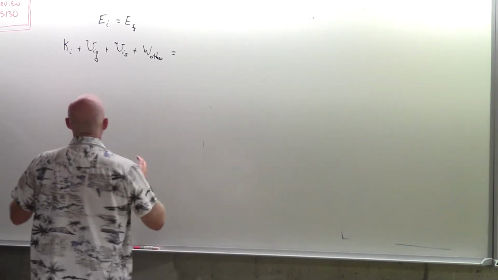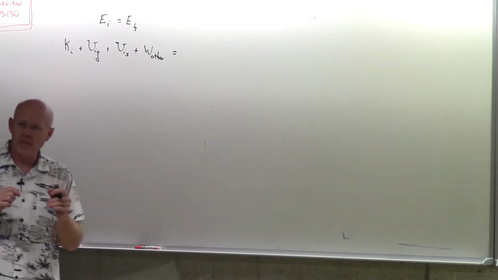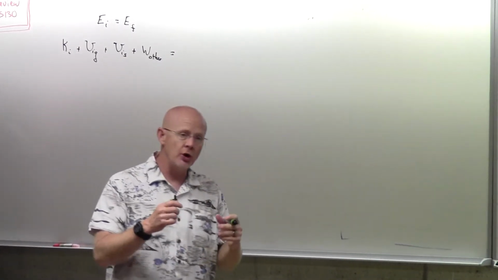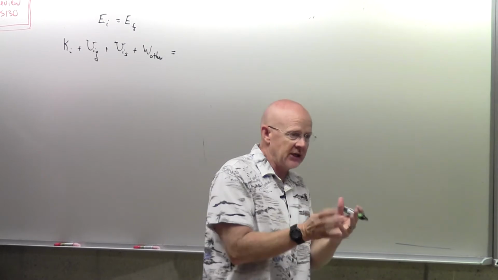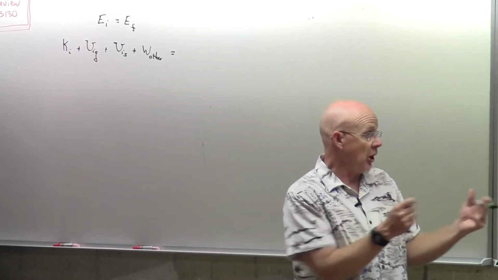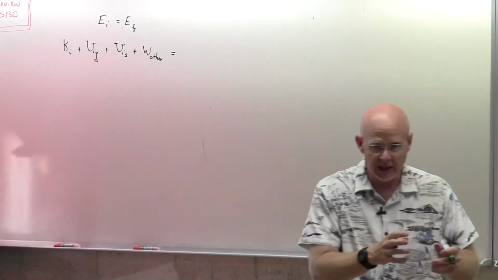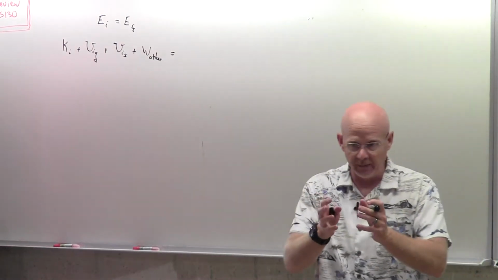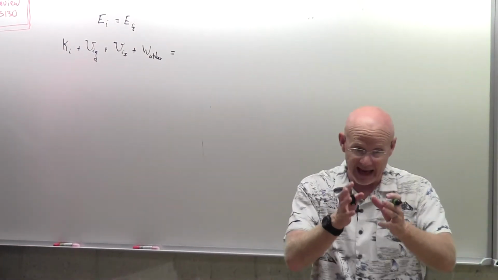Those will be the energy at some moment. I'll use the word initial, but initial doesn't always mean the starting of the experiment. It could mean halfway through the experiment. This is the energy at that moment.